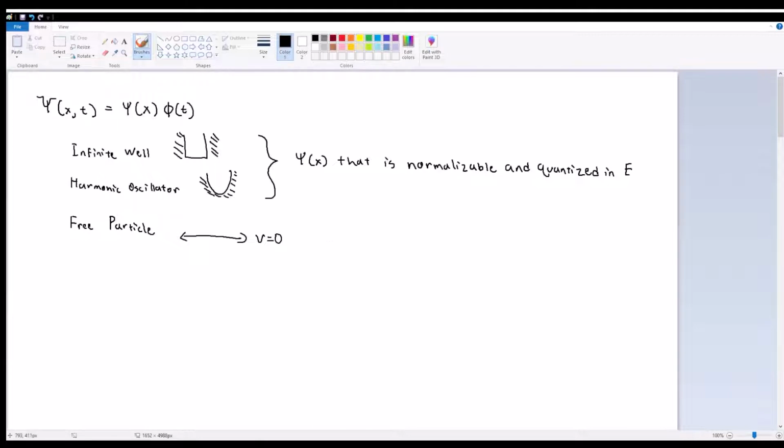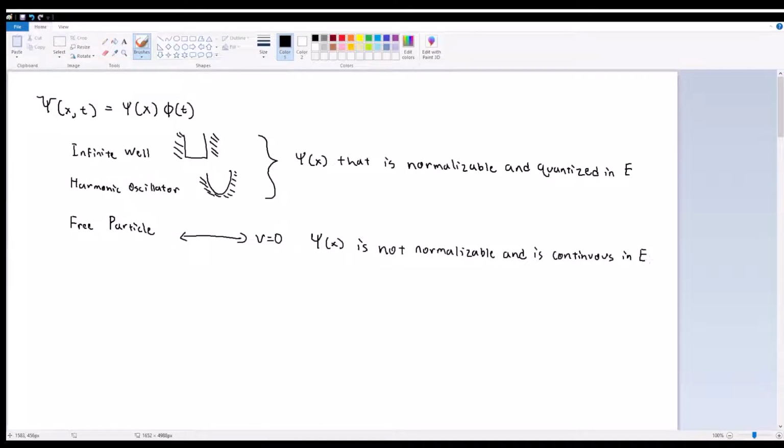Then we ran into the free particle, and we found that for the free particle, psi of x is not normalizable and is continuous in E. The difference between the free particle and the two other systems is that the energy is continuous.